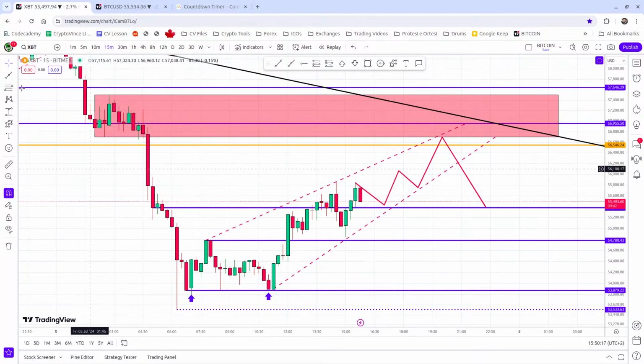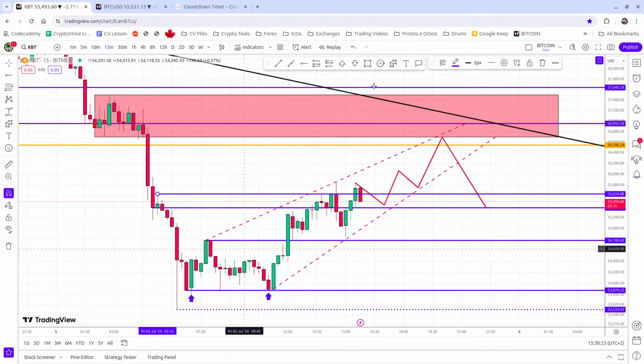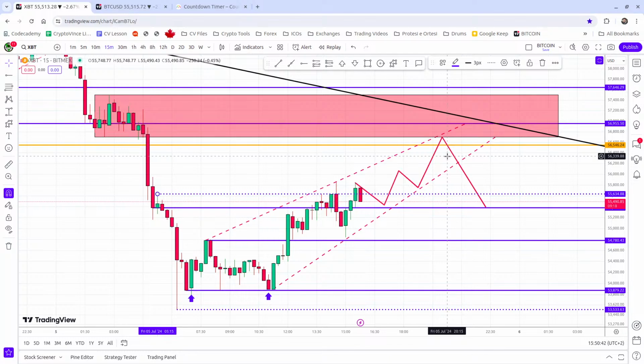Yeah. We have this level here, which is trying to break. It closed below here, closed above there, but then it got rejected. I like this red scenario more, to be honest.